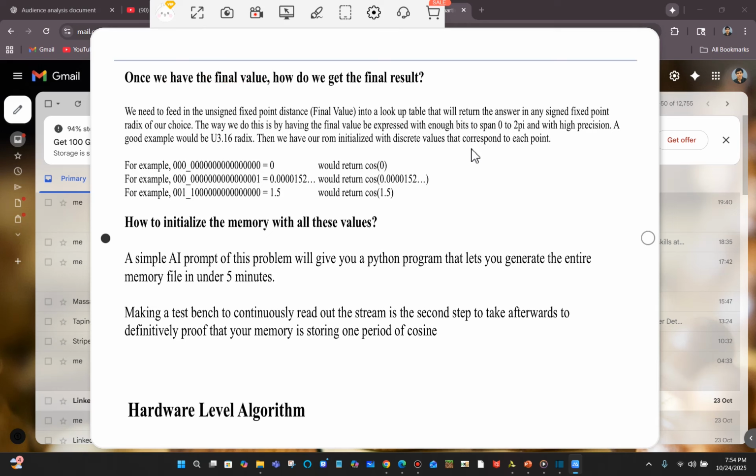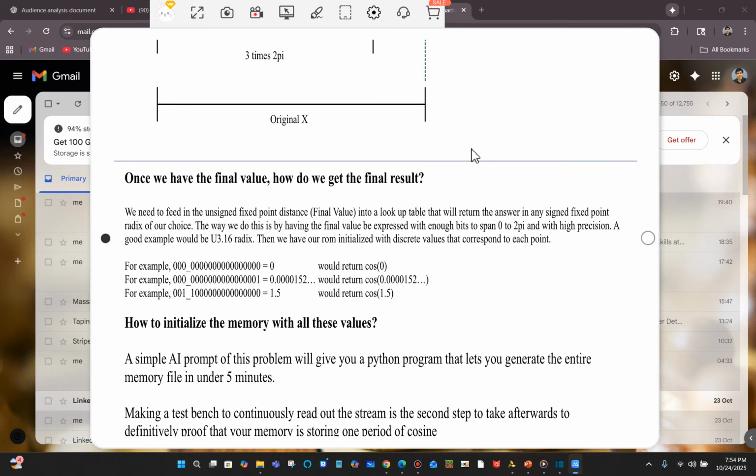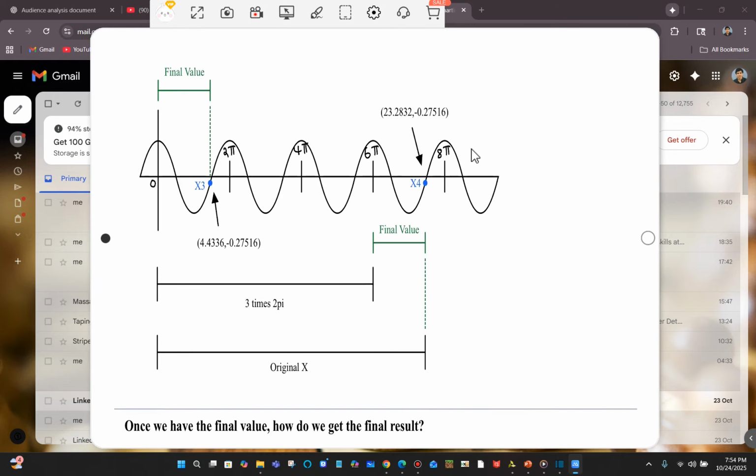Well, what we need to do is feed that value into a lookup table, because once we get the final value, the x3 coordinate, it's going to be a signed fixed point number, but it's going to always have a 0 in front because this is a positive distance. It will always be positive. So we can treat it as unsigned. So what we need to do is take that unsigned number, use it as the input of a memory unit, and then that memory unit will output the y value.